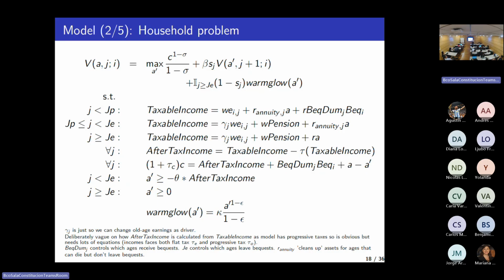You have some income from exogenous earnings and the interest that you receive on your assets. Plus, you might get some bequests. You have some savings, and you can use that for 2 things. You can consume it, or you can save it for next period. So it's just an exogenous labour supply life cycle model. And if you ignore all the stuff about taxes and bequests, it's a fairly simple standard model.